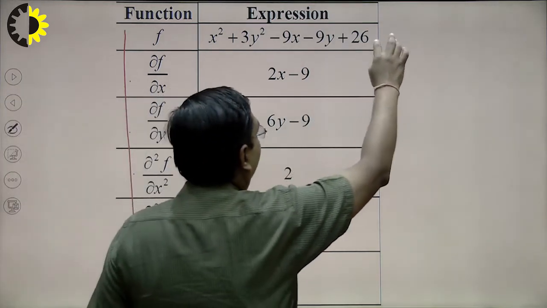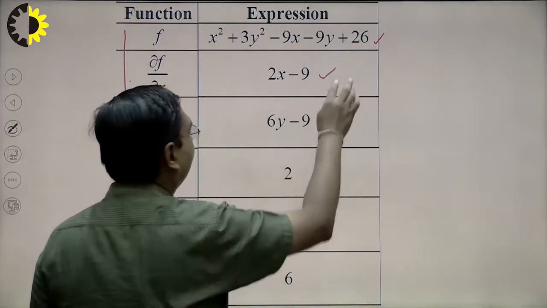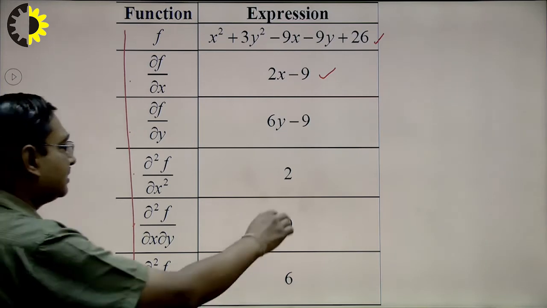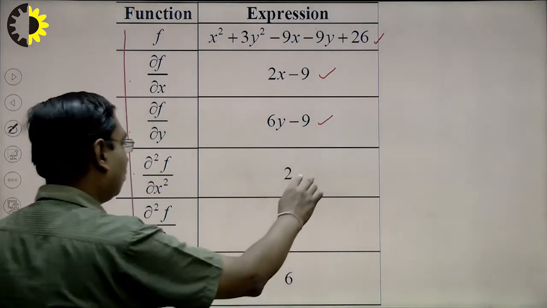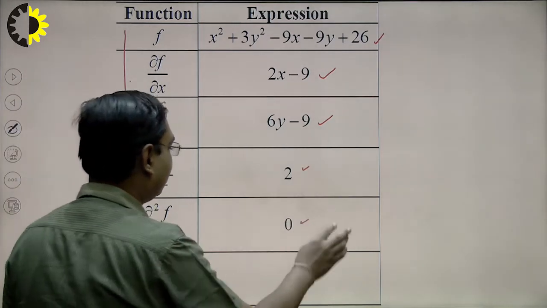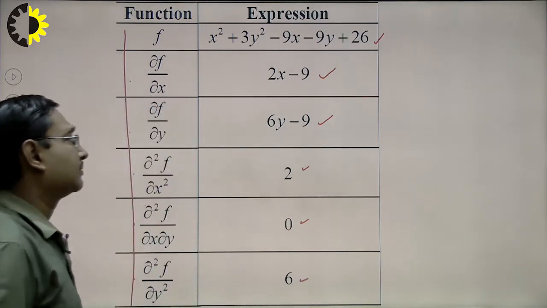This was our original function f. This 2x minus 9 is the value of del f over del x. This 6y minus 9 is the value of del f over del y. Del 2f over del x square is 2. Del 2f over del x del y is 0. Del 2f over del y square is 6.